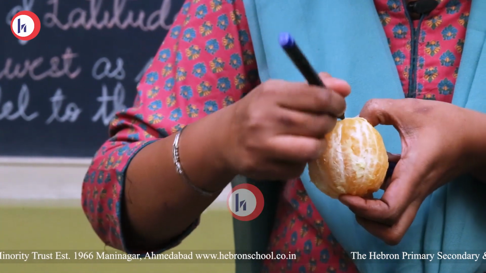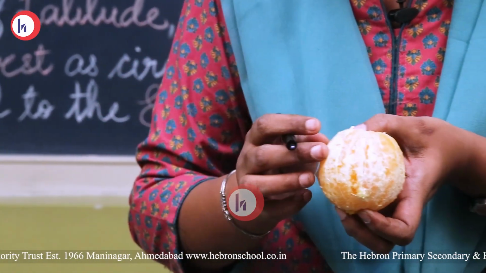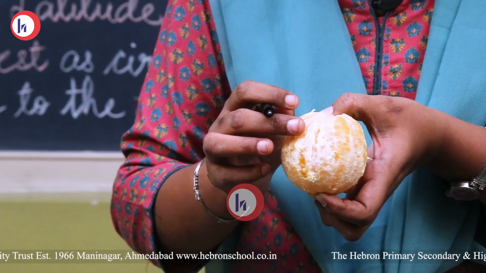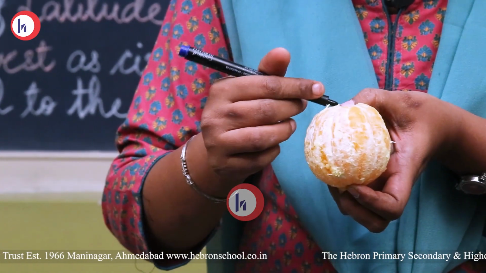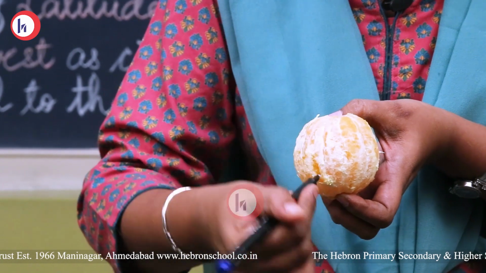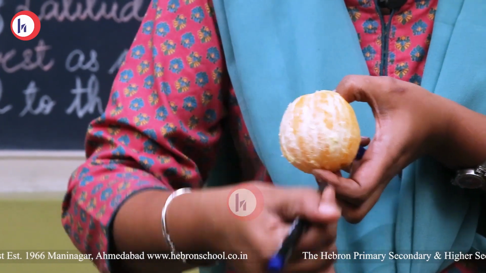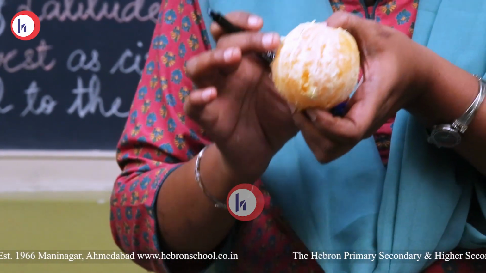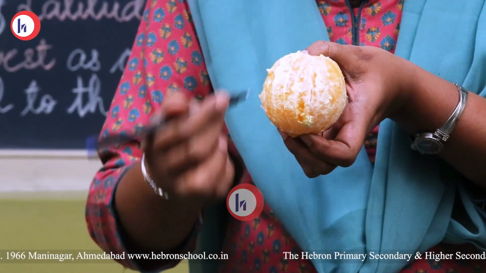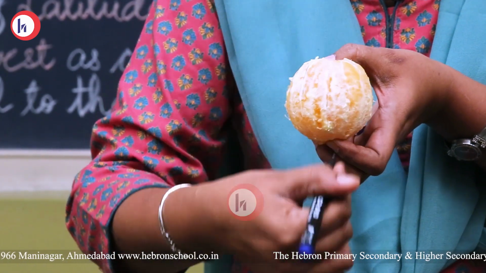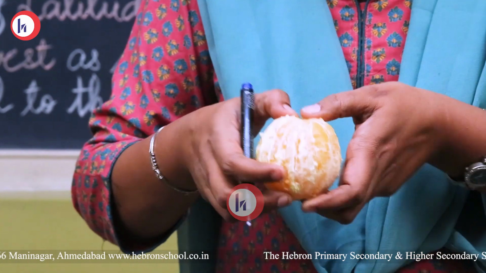Standing vertical lines here, the thick white parts. These are called longitudes. These vertical lines are called longitudes. So on our earth, suppose you imagine this is the earth and on the earth these are vertical lines and these are called longitudes.